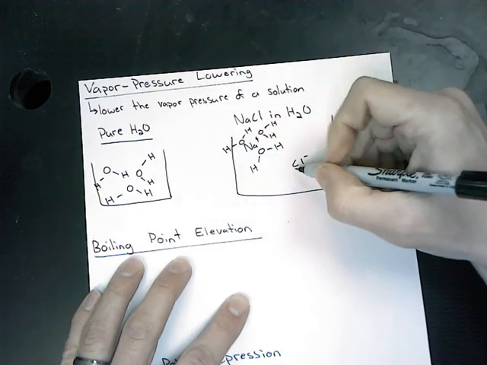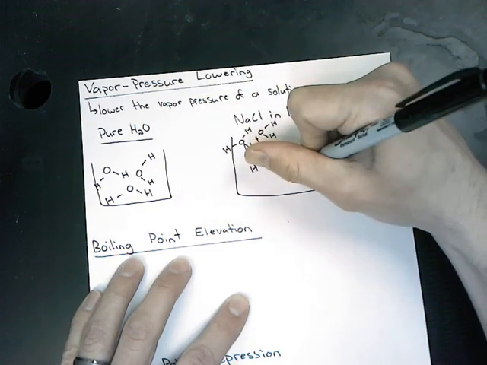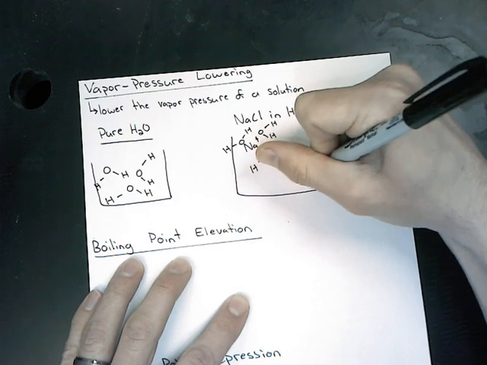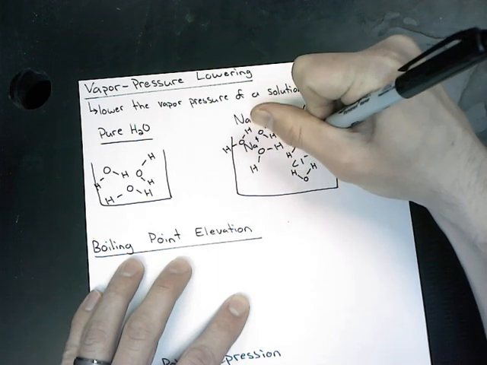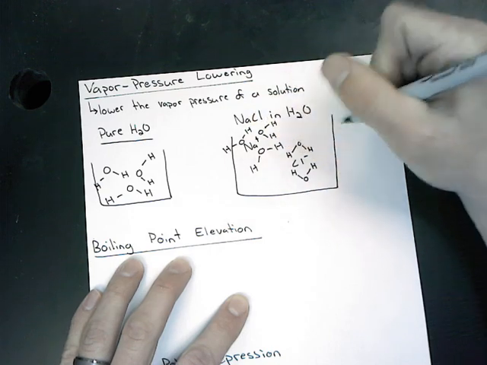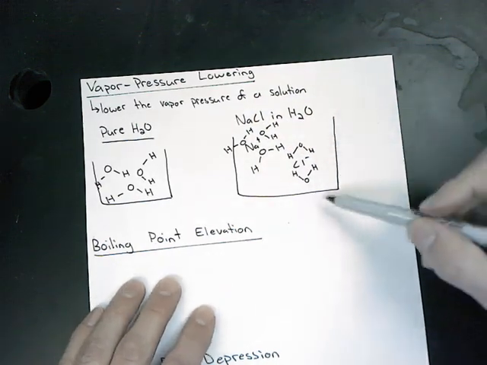Now, the same thing would happen for the Cl. This time the H's would surround that Cl ion.